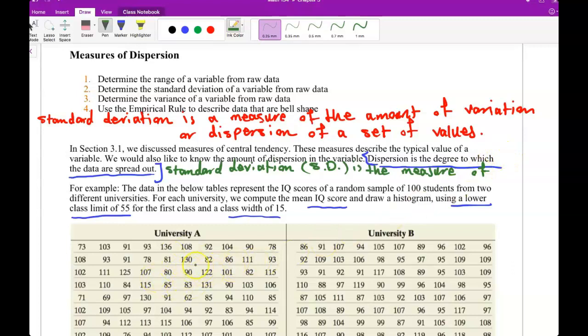Here, University A and University B are samples because we have 100 students, and this number is not all the students that we have for each university. So that is a sample. A measure of how spread out the numbers are in a sample.